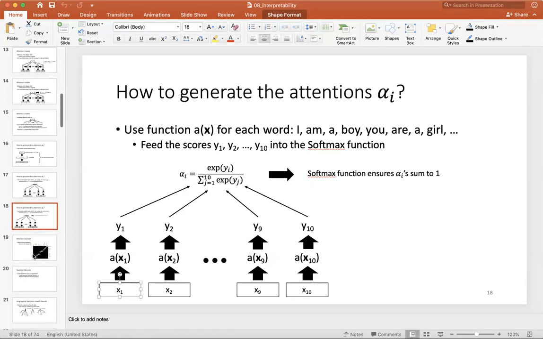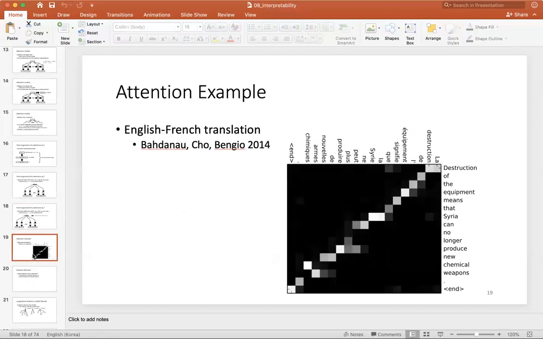Right. Okay. So the good thing about attention is that it indicates importance or usefulness of each of the inputs at particular time steps.